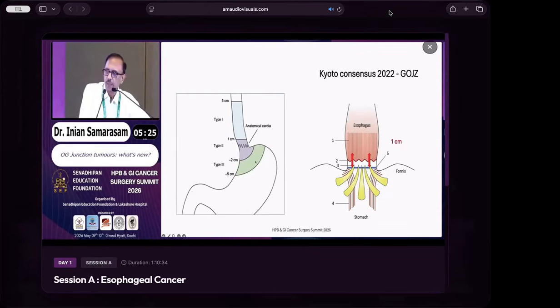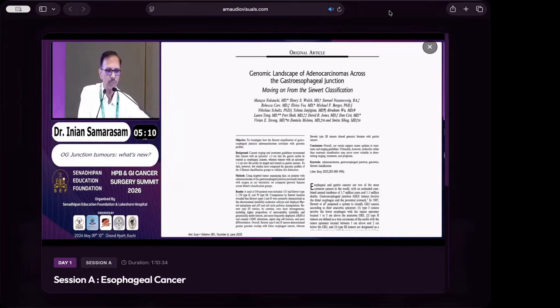So the current thought is perhaps we should narrow it down to 1 centimeter above and below, because that is where the cardia epithelium lies, essentially the mucus glands without pyloric glands. And of course, we are likely to see molecular subtyping get into the TNM, perhaps in the next TNM as well.